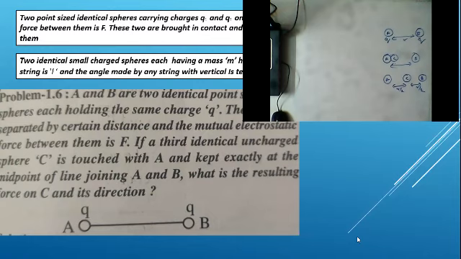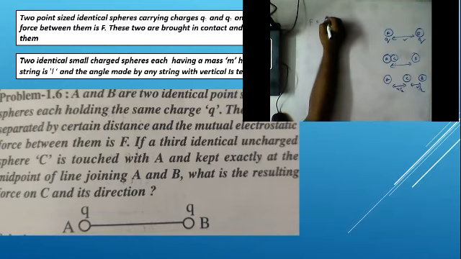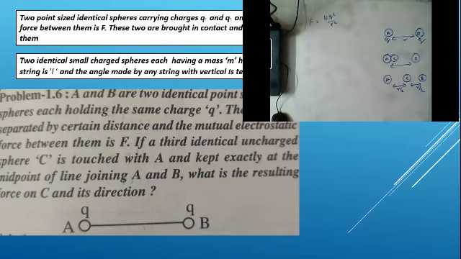You need to find that out. First of all, we will calculate the initial force between the two charges. The initial force F is equal to K into Q square by R square, because the charges are the same and the distance is constant.